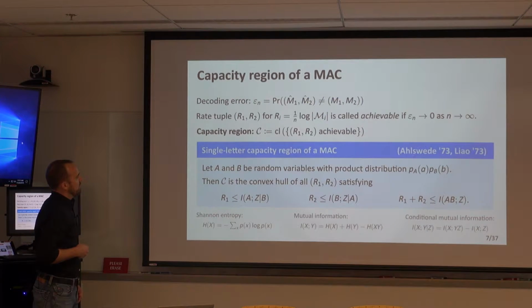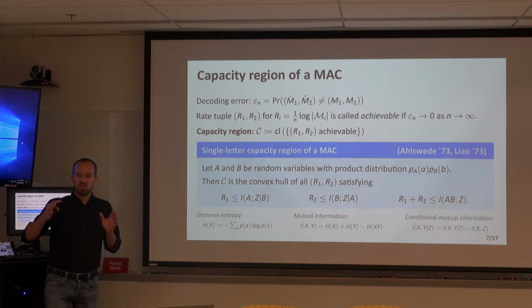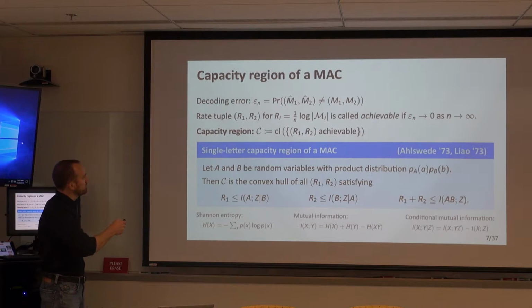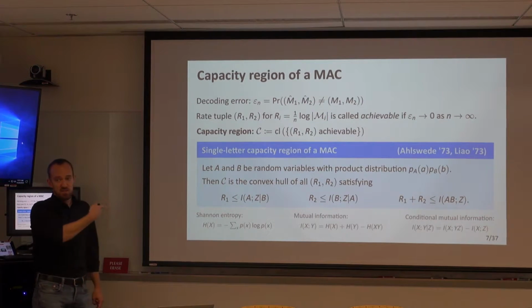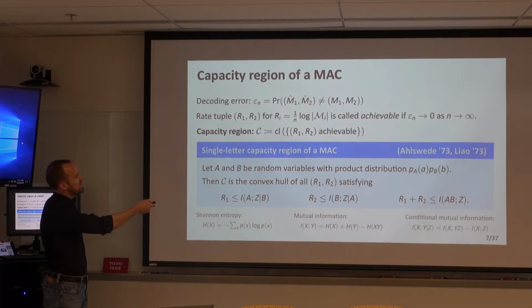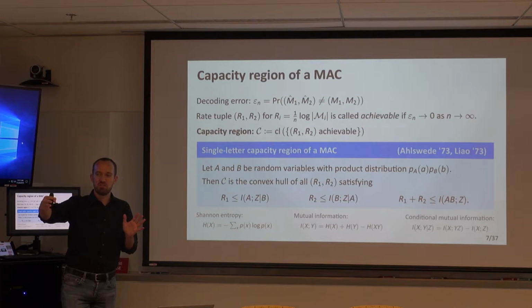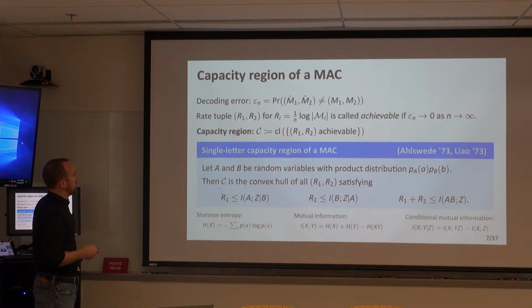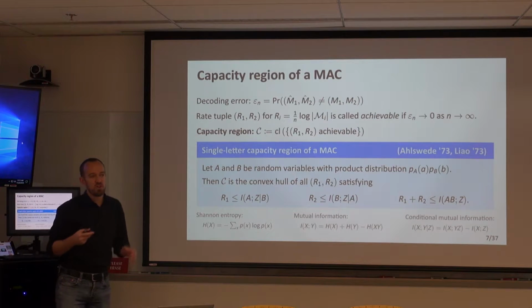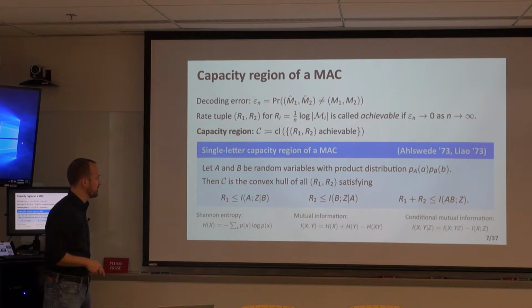And as I said before, we call a rate pair or rate tuple (R1, R2) achievable if the code books are of the according size, and we can make this decoding error go to 0 as we increase the number of times we use the channel. Okay? And the capacity region is then the closure of all achievable rates. And then it will lead to some convex area in the 2D plane, as I showed you before.